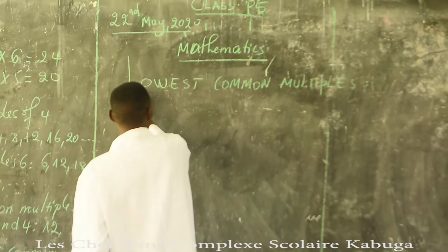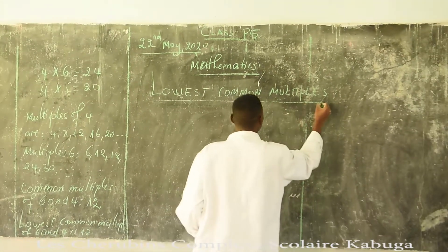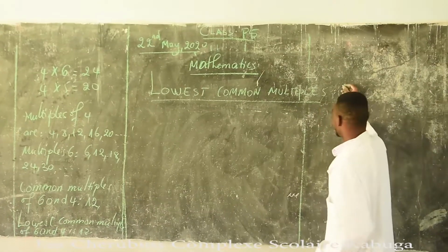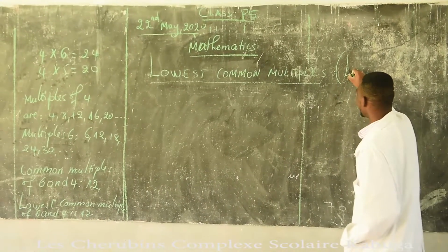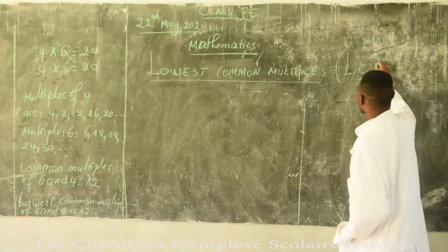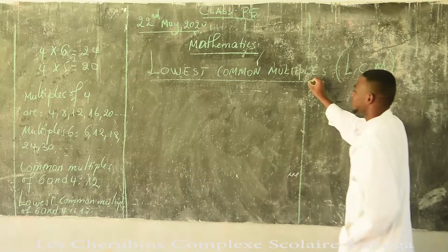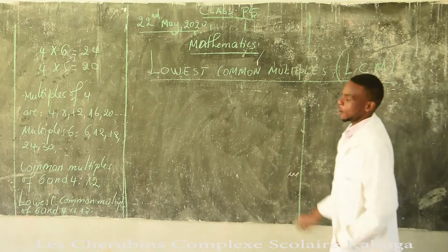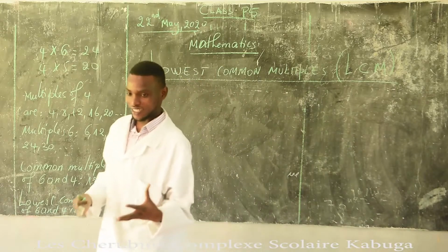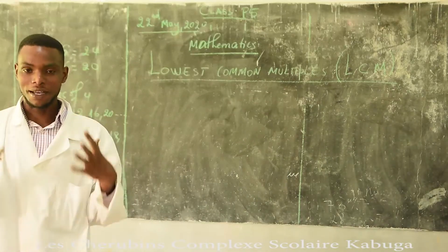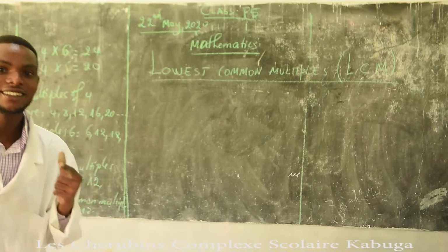It can be abbreviated like this: lowest common multiples of numbers.